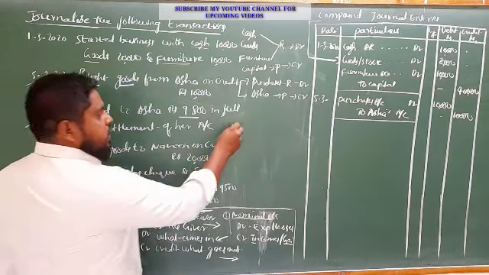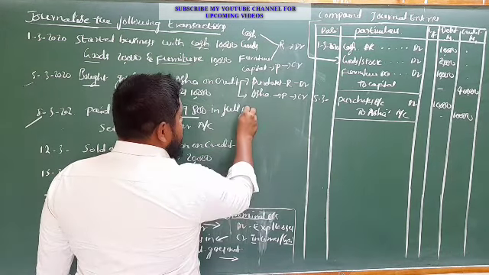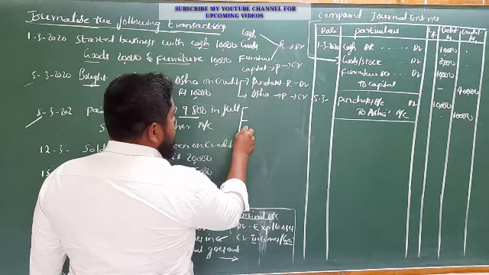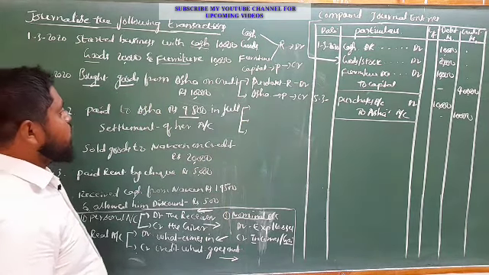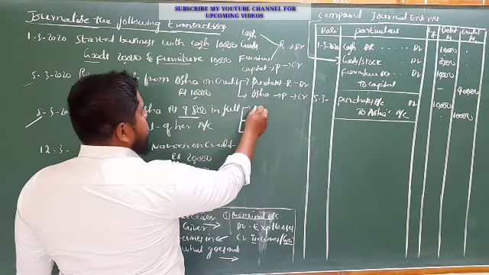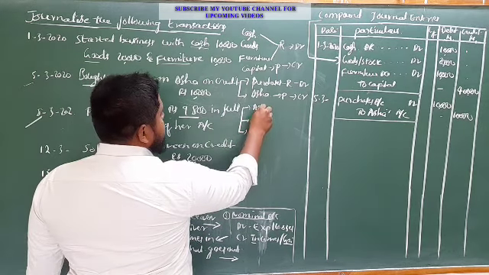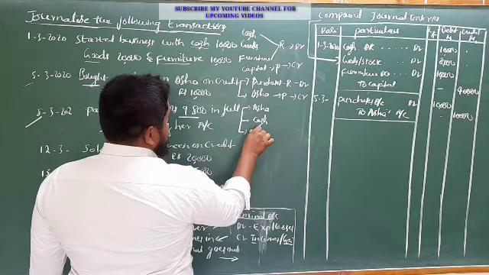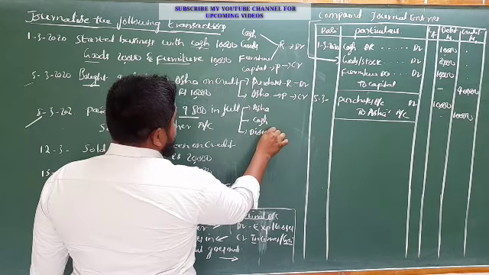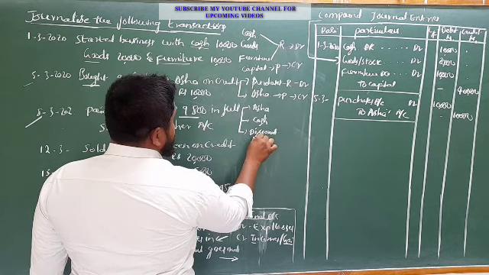Now in this transaction, 3 accounts are involved: Asha, cash, and next, discount. So this is discount received.